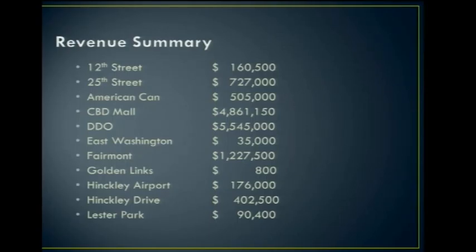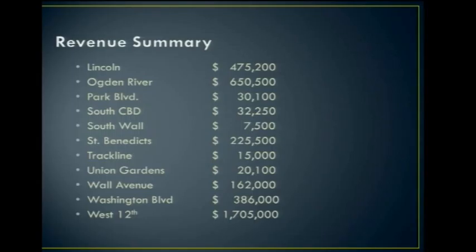So I've outlined just a summary of each of the project area budgets here. Of course, again, it shows CBD Mall and DDO, Fairmont, the higher numbers. Notice that Golden Links is $800. That's how much revenue we get there.